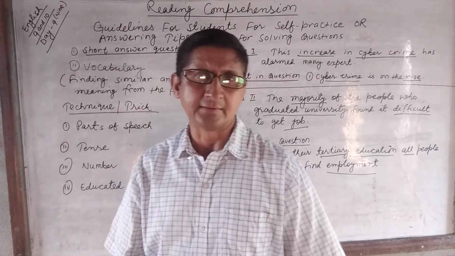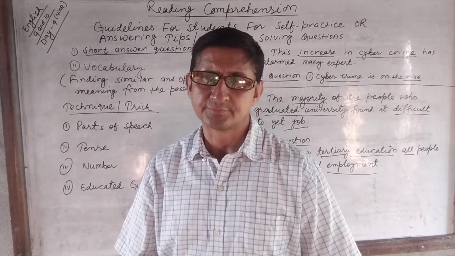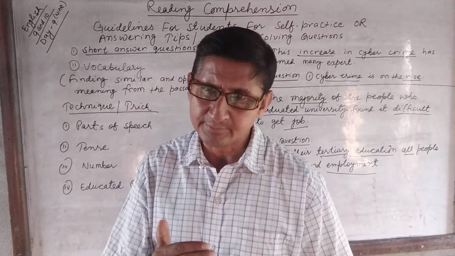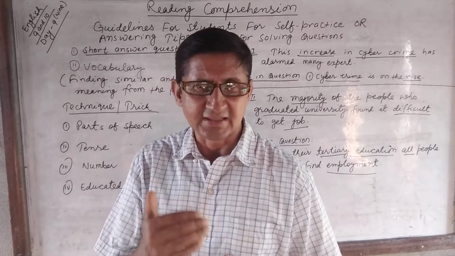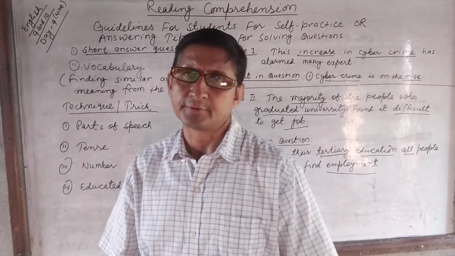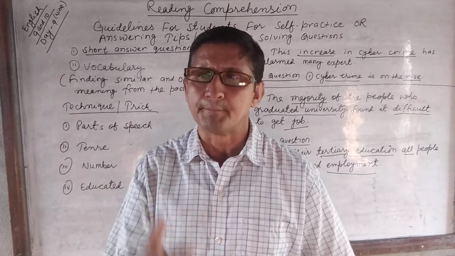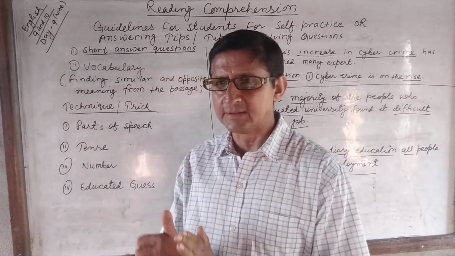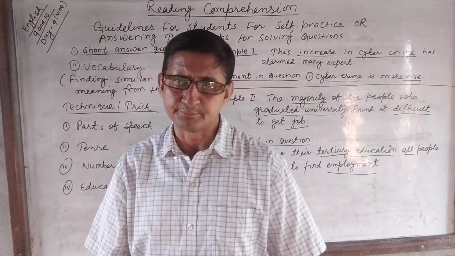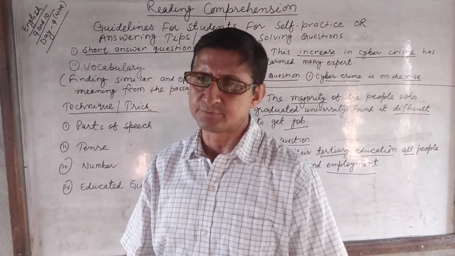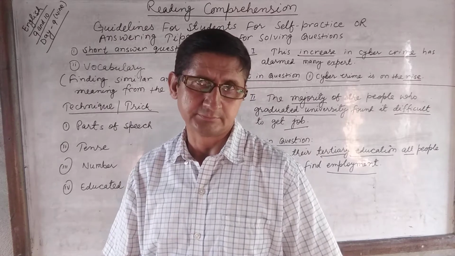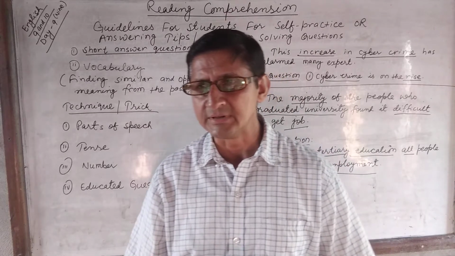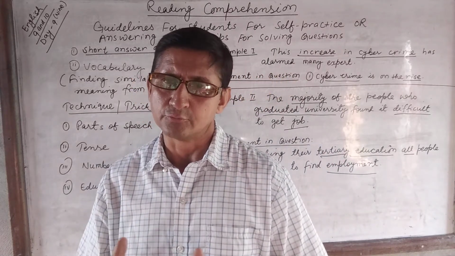After identifying the verb tense, you have to find out the verb of the same tense, same form from the passage. If it is in present, find the present verb. If it is in past, find the past form of the verb. In this way, you have to find out the meaning of the word.